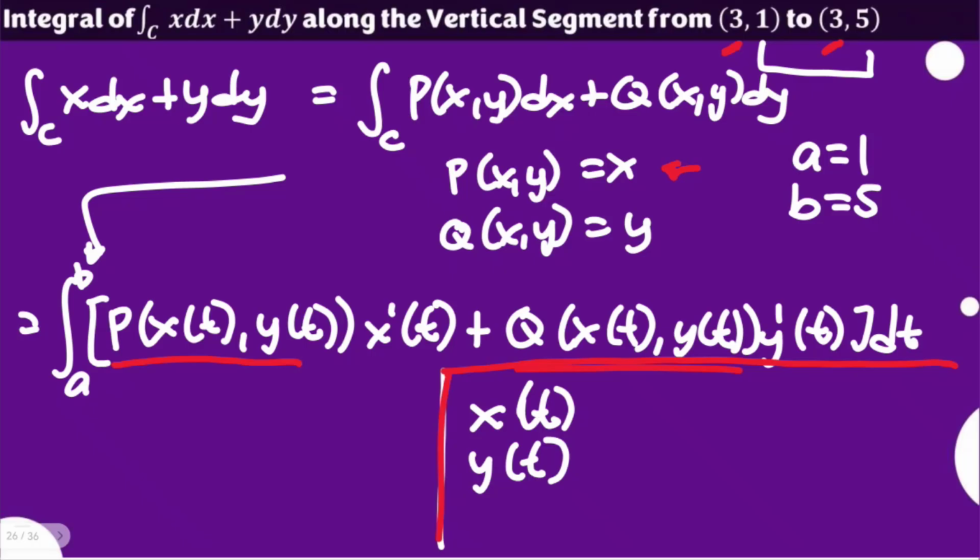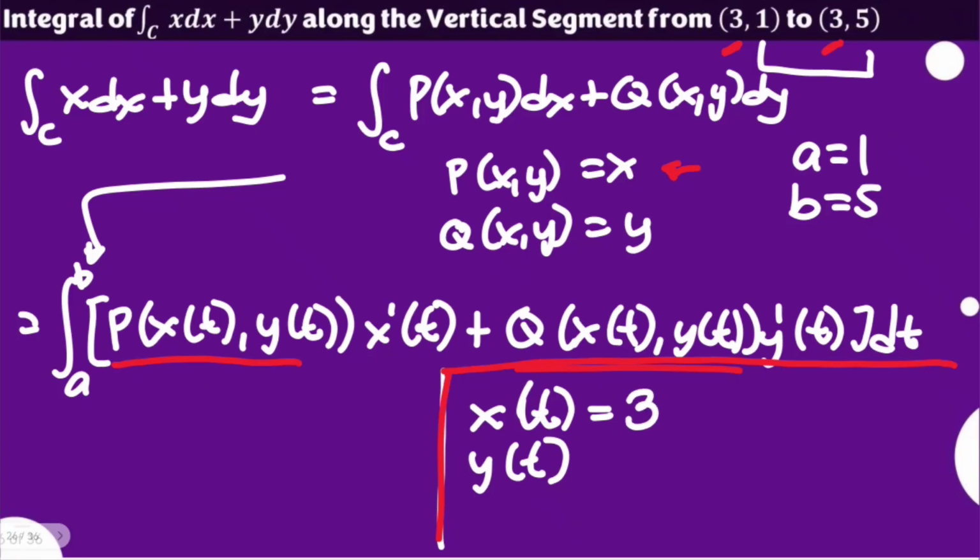Your x(t), as indicated in the previous examples where we illustrated the parameterization of a vertical segment, is actually equal to your constant, which is just c, because it doesn't change its value. Your c here is obviously 3, as that is the value that did not change.